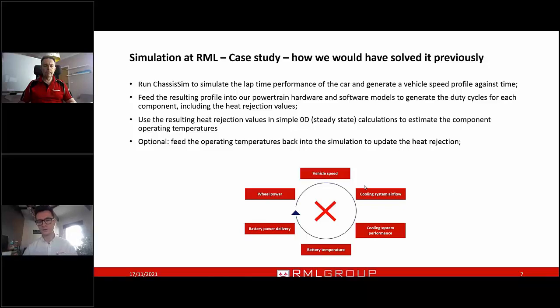Well, it does affect cooling system airflow, which affects cooling system performance, but then that cooling system performance, because it's a broken loop, doesn't go back into the battery temperature, which then affects battery power delivery, which then affects wheel power, which then would affect vehicle speed.